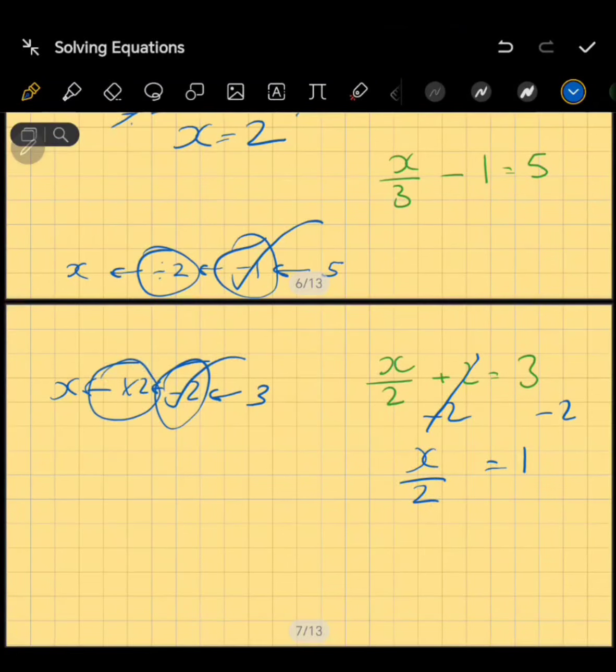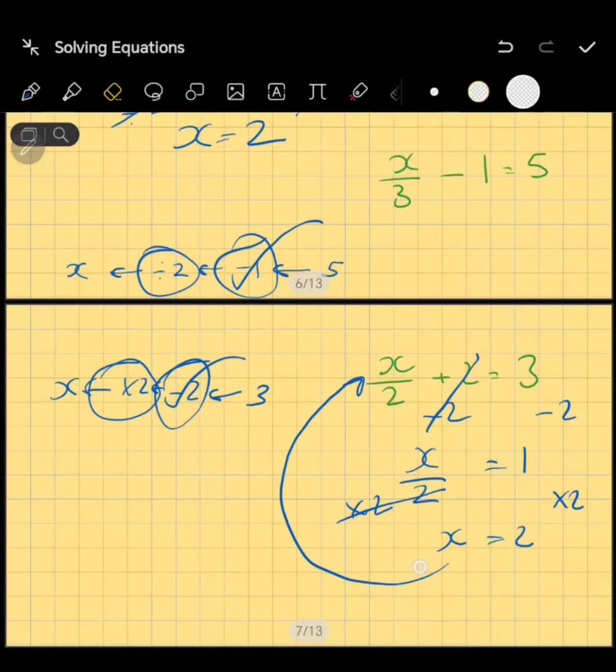The next bit is to multiply both sides by 2. Multiply by 2, that's gone. 2 times 1 is 2. What am I left with? x equals 2. And again, I can check if that's worked because we can put 2 back into the equation. 2 divided by 2 is 1. 1 plus 2 is 3. So that works.